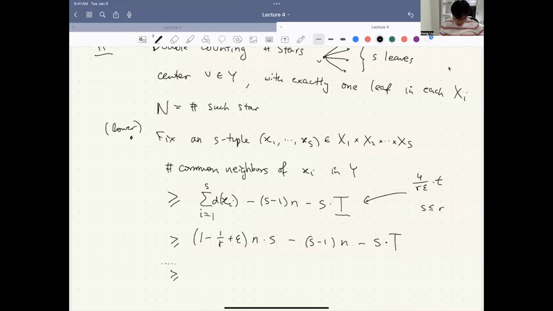This is some calculation I leave for you to do. Minimized when s equals r, you will find that this is at least r times epsilon times n.